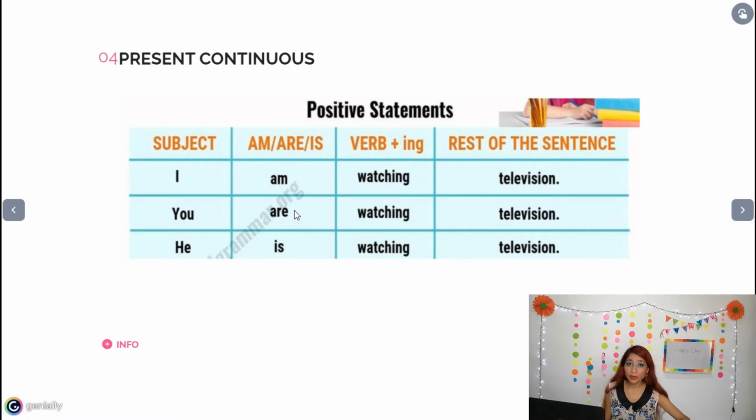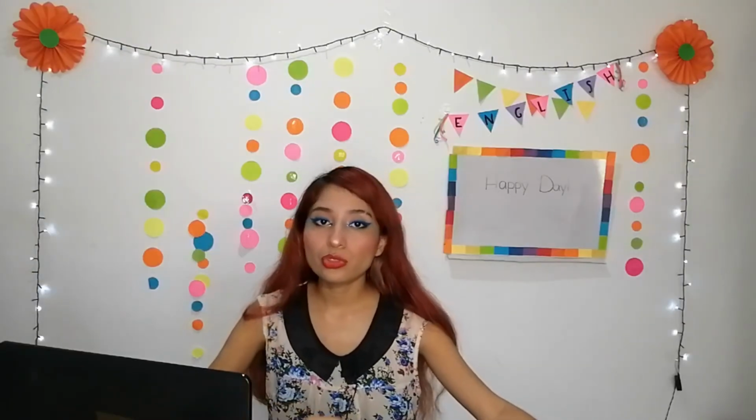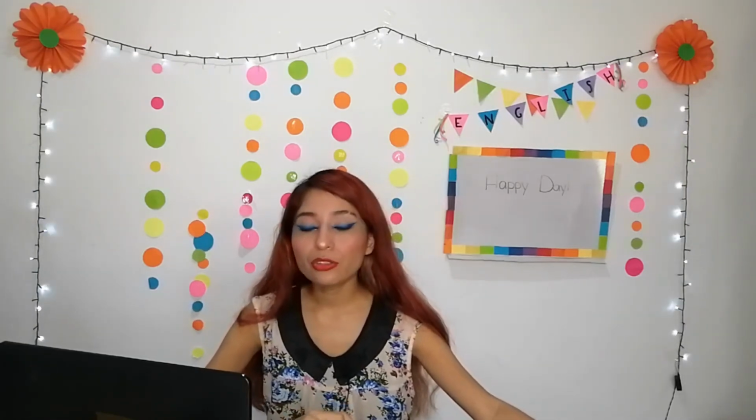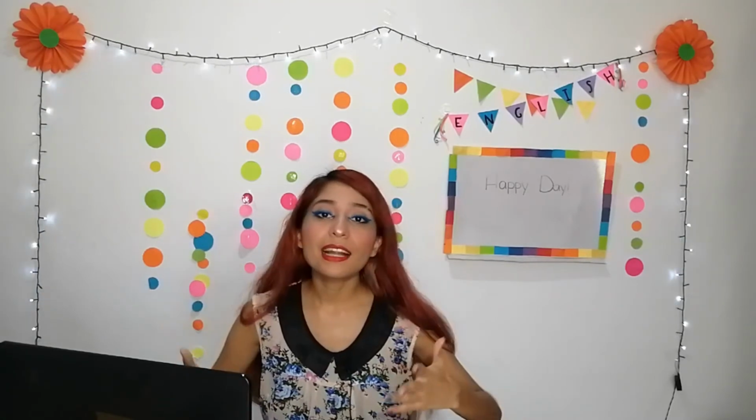Pay attention to the verb to be, okay? And right now we are going to do some activities about this and practice. I'm going to show you the sentences, and you are going to tell me the answer. I'm going to give you, for example, 5 seconds, and you need to tell your answer aloud.